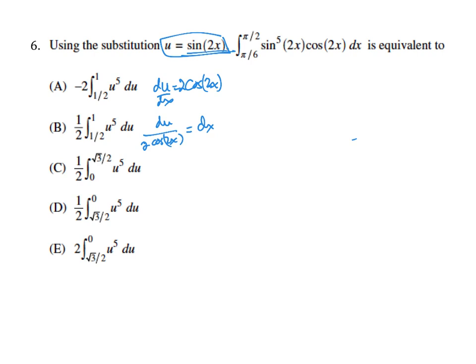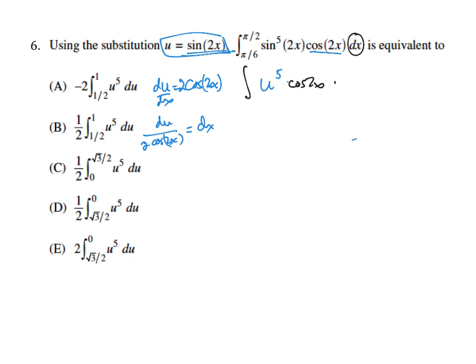And then I'm going to go ahead and write my integral and make my substitutions. So let's go ahead and bring this down. And my sine to the 5th of 2x is going to become u to the 5th times cosine 2x. I have to just keep that there.